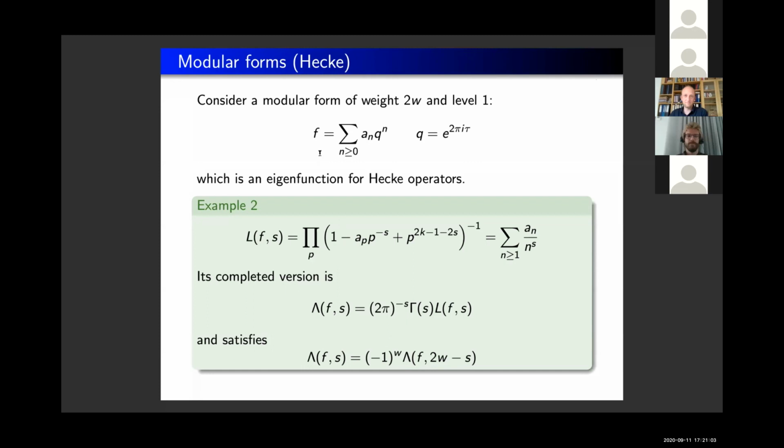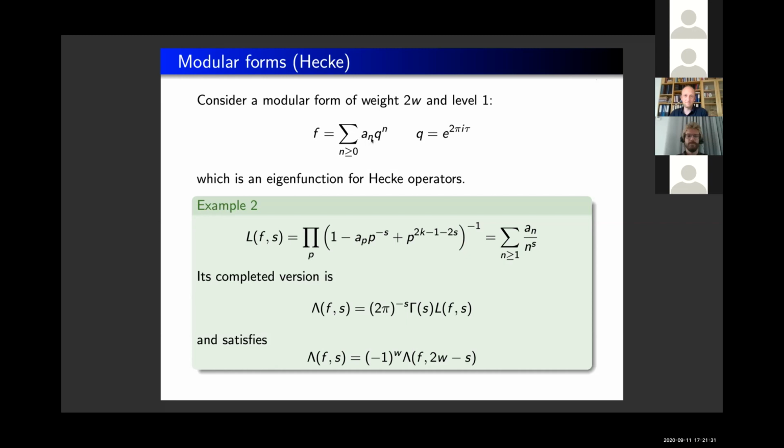So f, the modular form, has a Fourier expansion, the sum of a_n q to the n, where q equals e to the 2 pi i tau, and tau is in the upper half plane. We'll assume for now it's an eigenfunction for Hecke operators. Then the L function is the sum of a_n, the same Fourier coefficients, over n to the s. So it's just the Dirichlet series given by this.